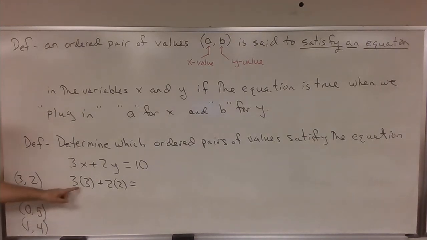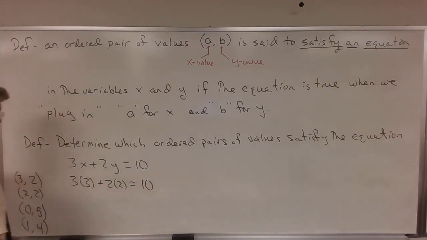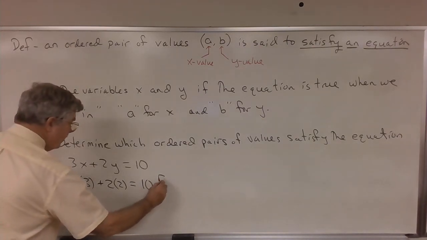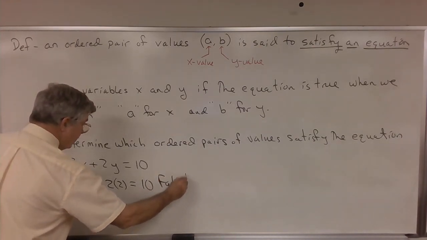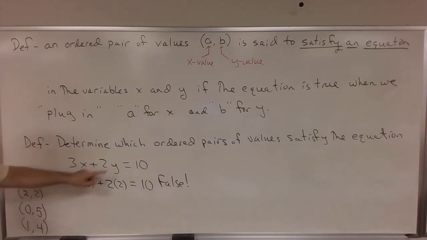And what do we get? 9 plus 4 is 13. So no, this is false. Let's try this pair of values, x equal 2, y equal 2. We'll plug them into this equation for x and y.